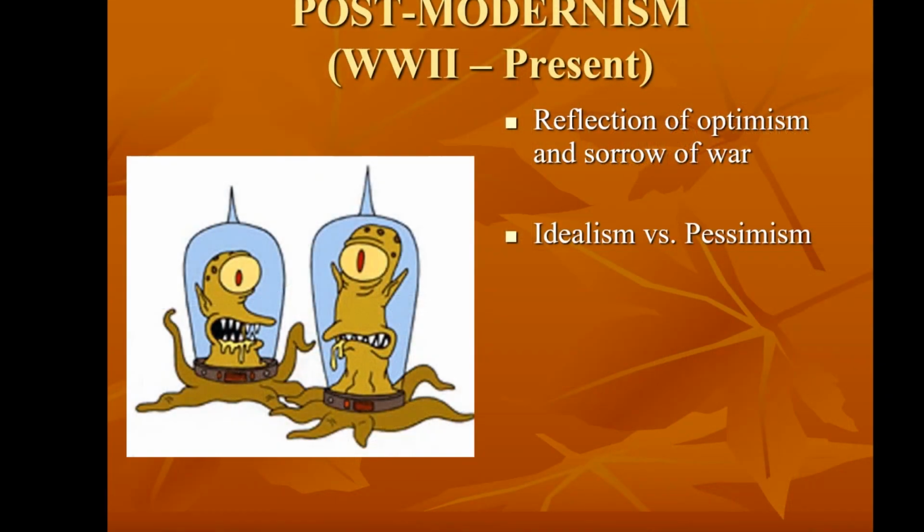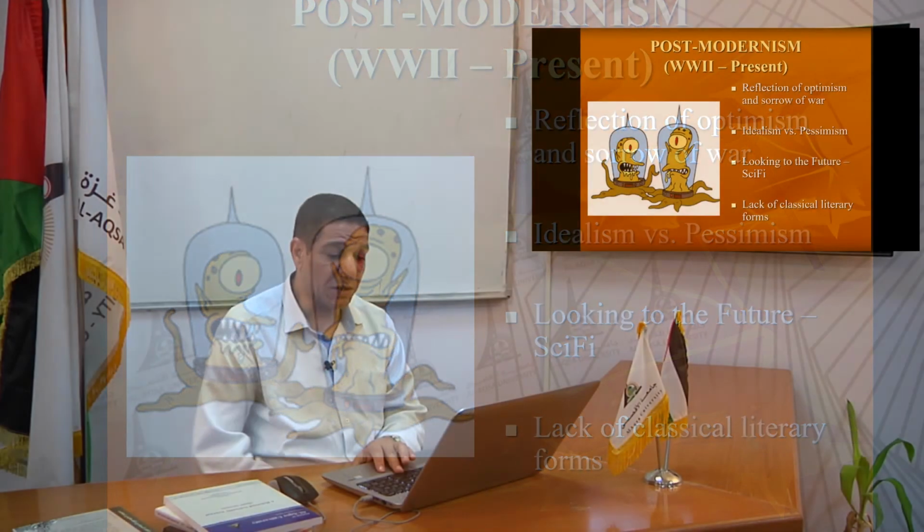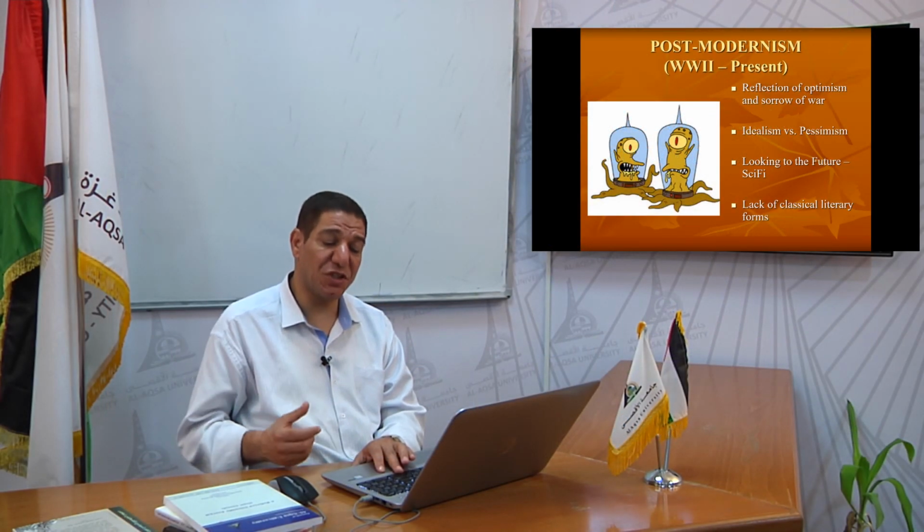Okay? Idealism versus pessimism. They started to think what is ideal, what is pessimistic. Okay? Looking to the future. Lack of classical literary forms. The literary forms are no more a factor of literary appreciation.